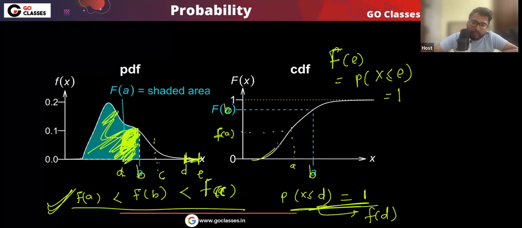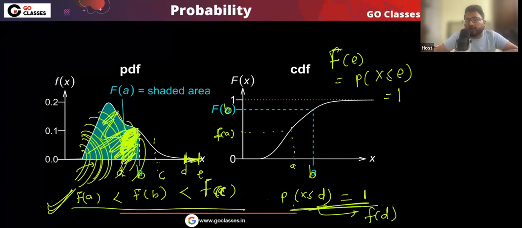Basically, it increases, and once it is 1, then it is always 1. This is CDF, right? Why is it increasing? Because the moment you keep on increasing x, you are covering more area. That is why it keeps on increasing. And once you cover all the area, once you have 1, then it is constant.